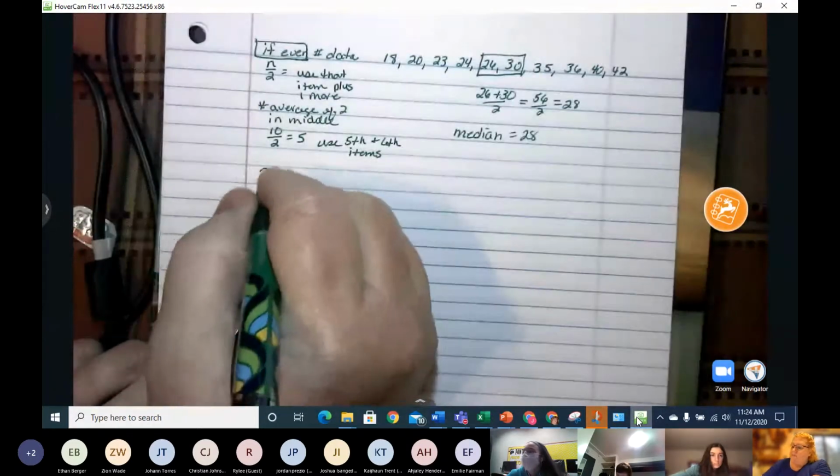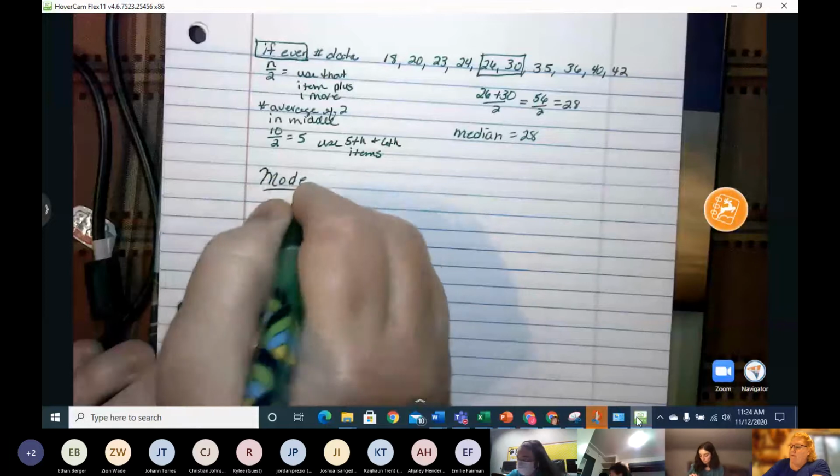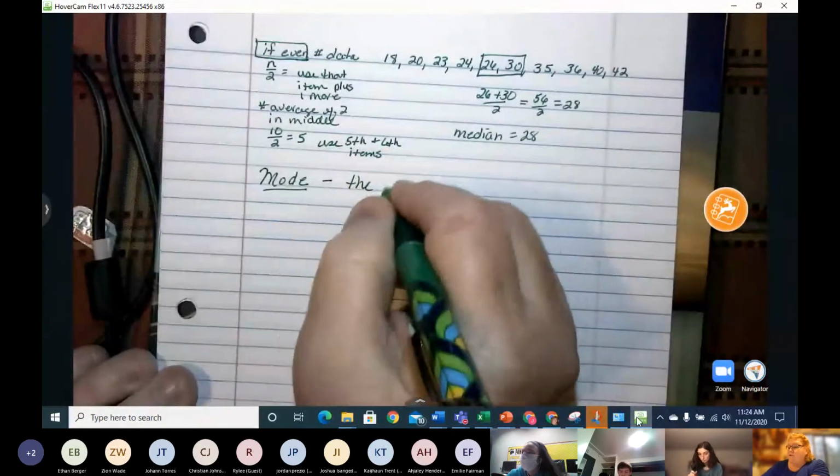Next, we're going to look at mode. Mode is the value that occurs often.